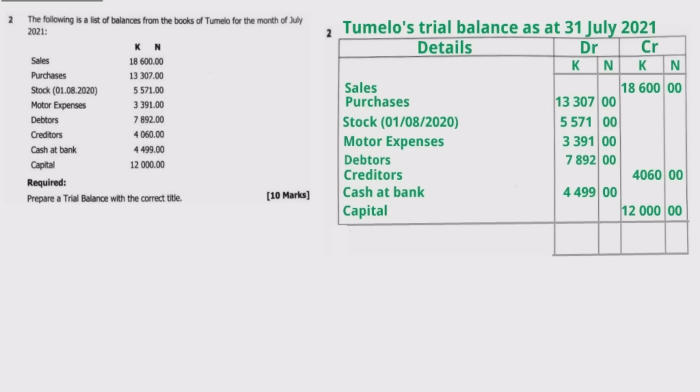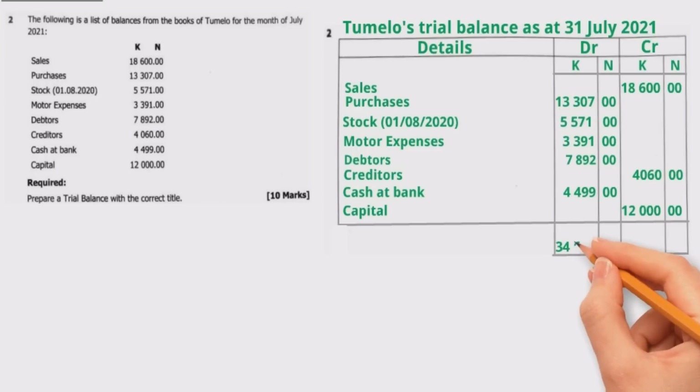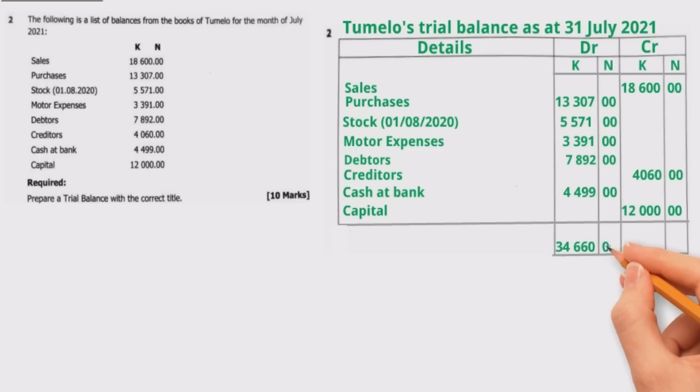Please take your calculator and punch in these numbers you see. 13,307 plus 5,571 plus 3,391 plus 7,892 plus 4,499. When you punch these in your calculators, they should give you 34,660 kwacha, and that is the sum we found there.